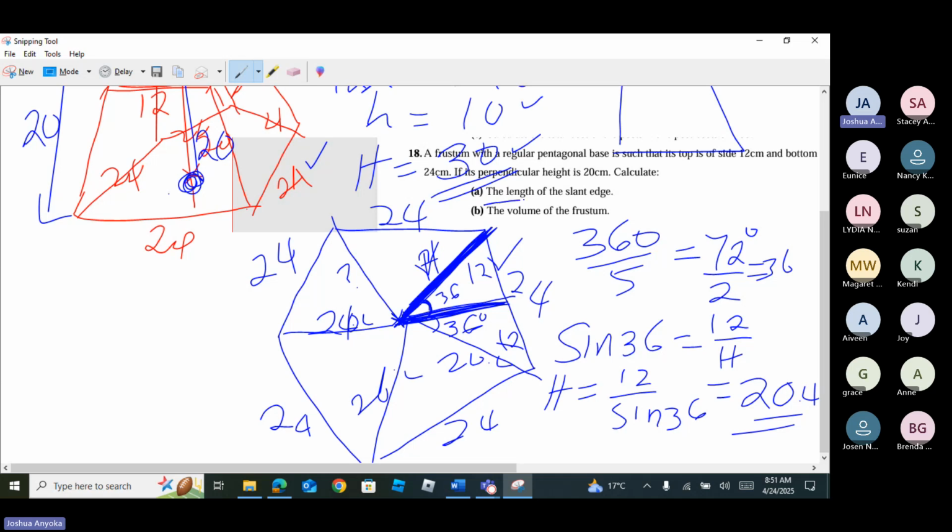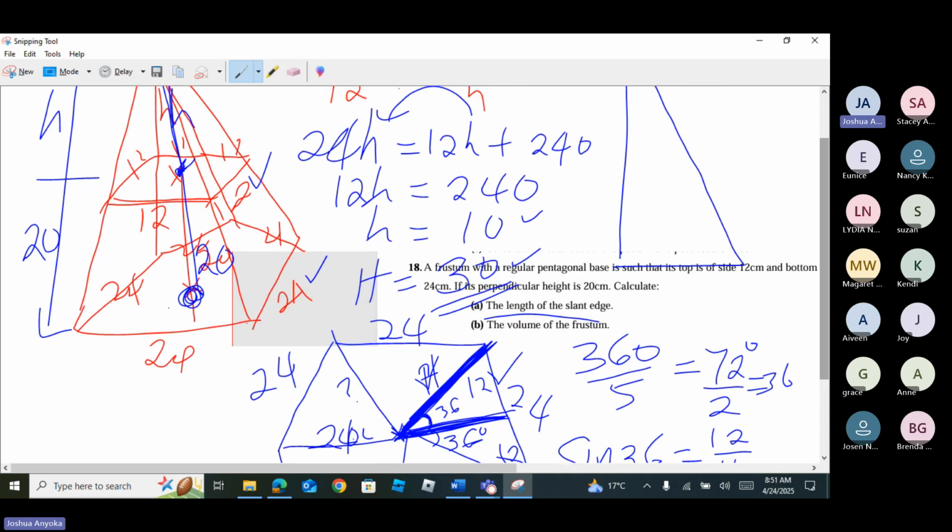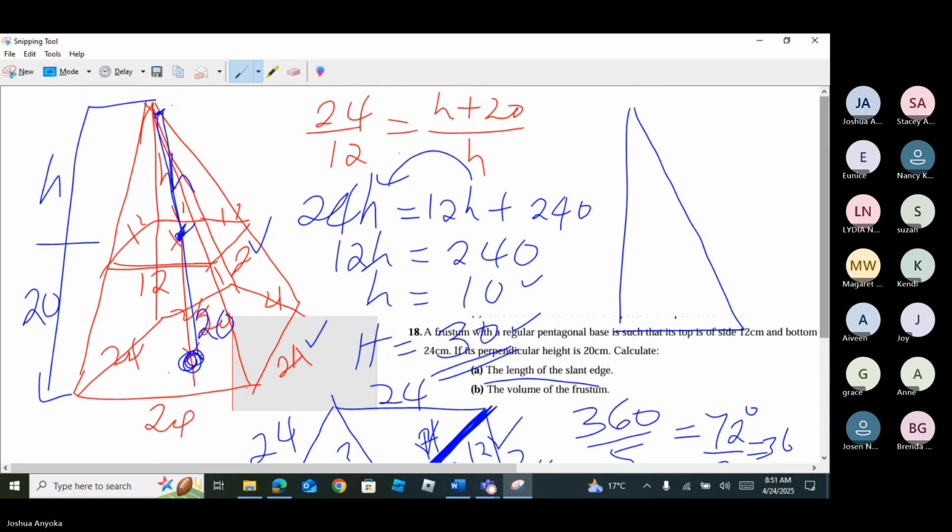Now let's get back to our diagram. We want the slant edge of the frustum. From the center to one of these vertices is 20.4.